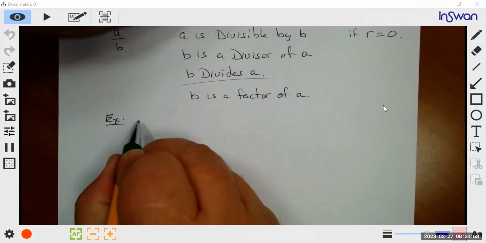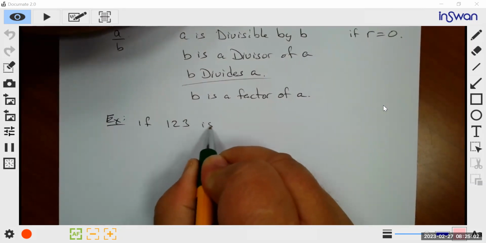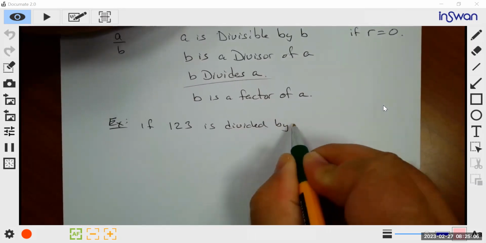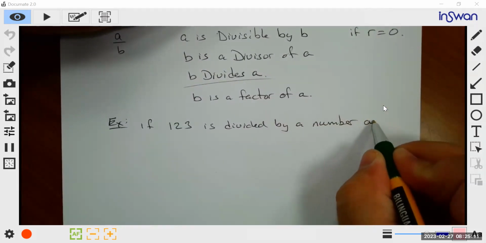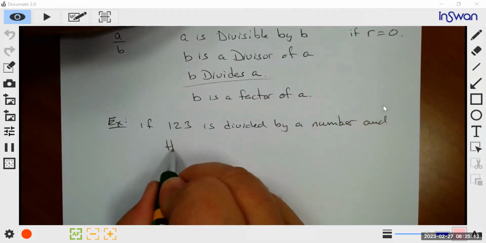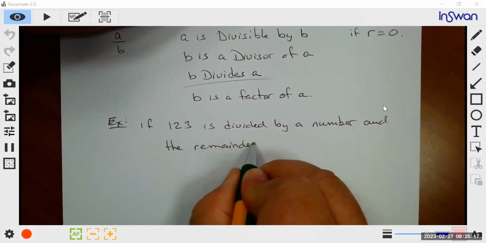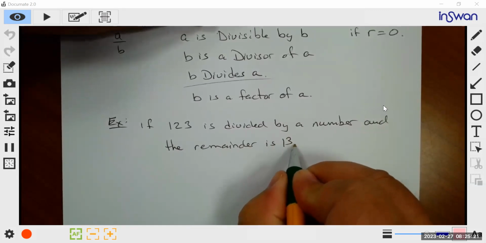Let's say 123 is divided by a number, and the remainder is 13.